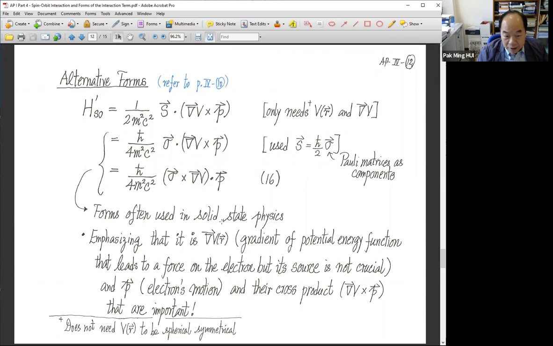For the reason that it emphasizes, all in all, you need a potential energy function that is position dependent, okay? And then you can take a gradient on it. If it's very flat, no fun, okay? No gradient, no slope.